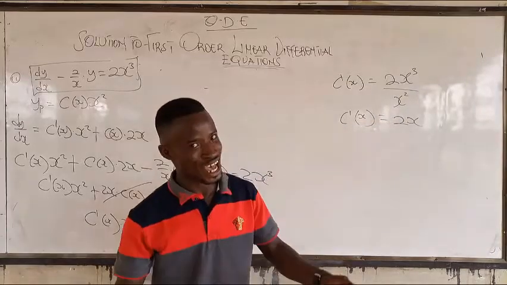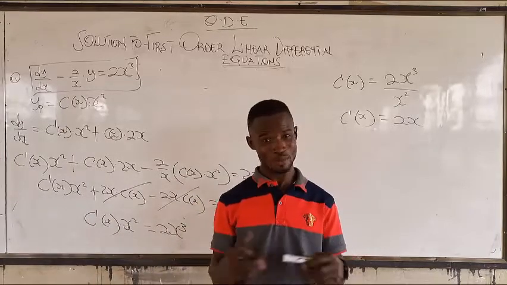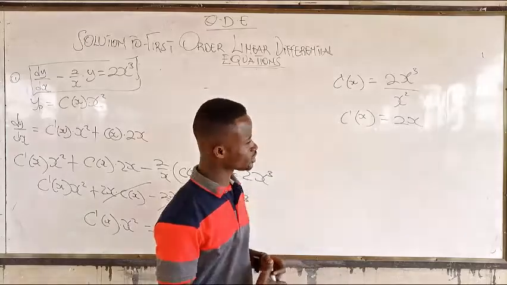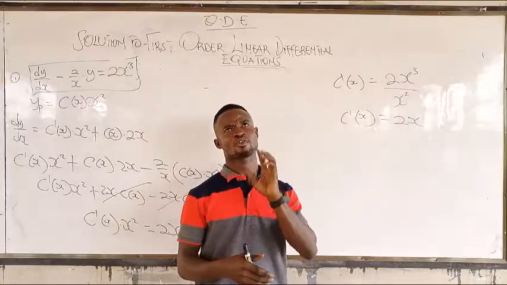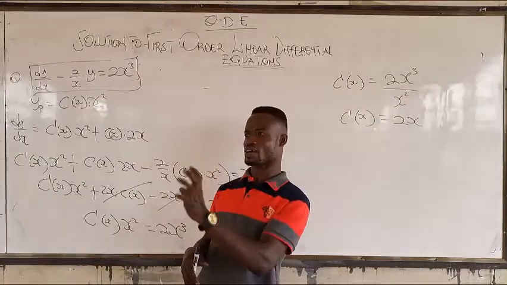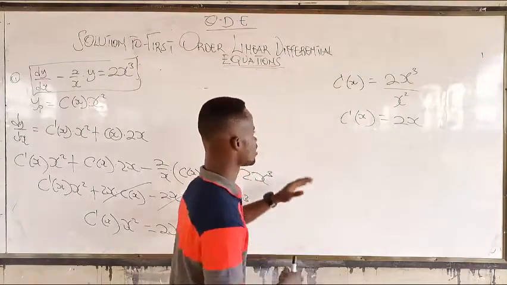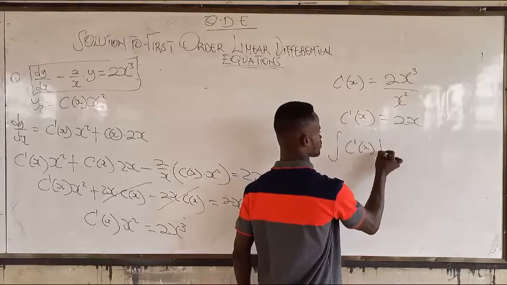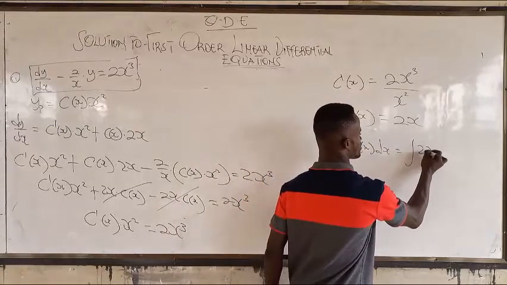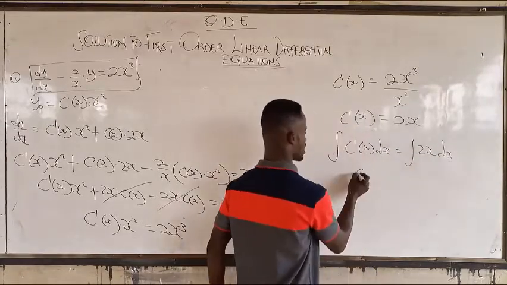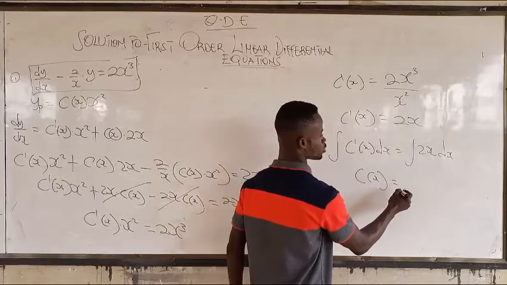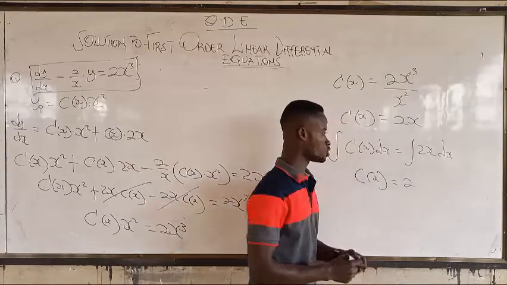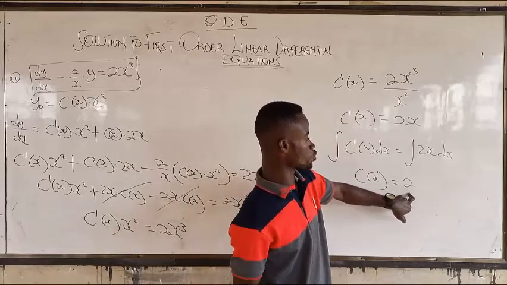So in order for us to go, I hope it's not difficult. Just grab the steps, alright? Sometimes you need to memorize the steps. From here you go here, from here you go here. Like that, that's how we do mathematics. So we need to integrate both sides with respect to x for us to get c of x to be equal to x squared.